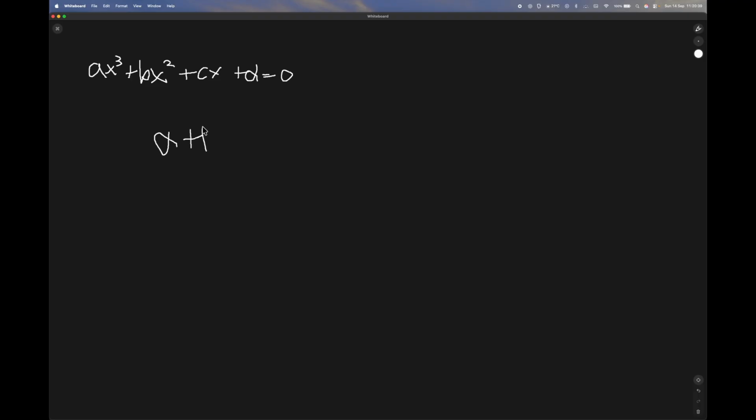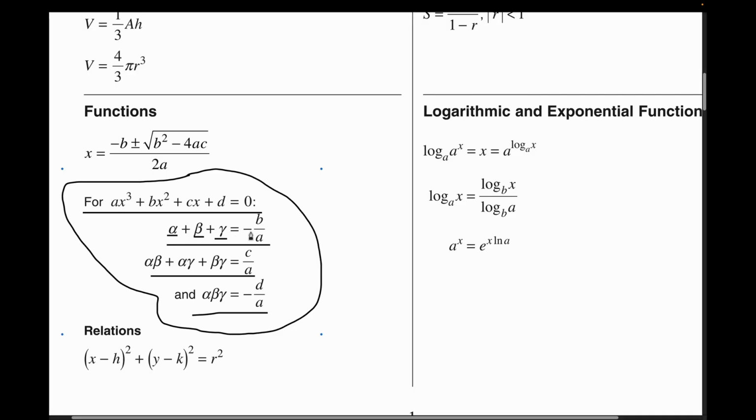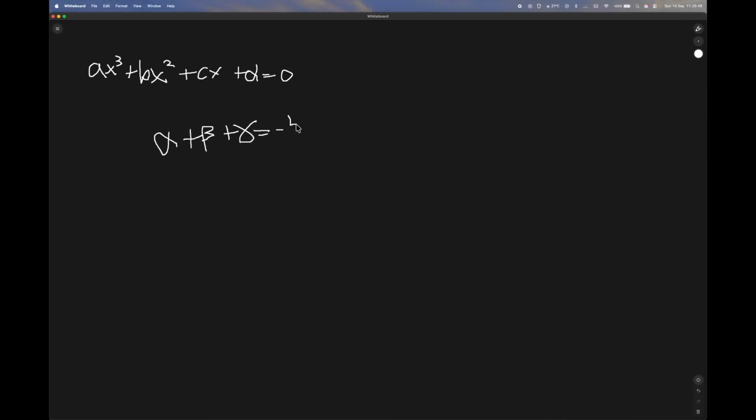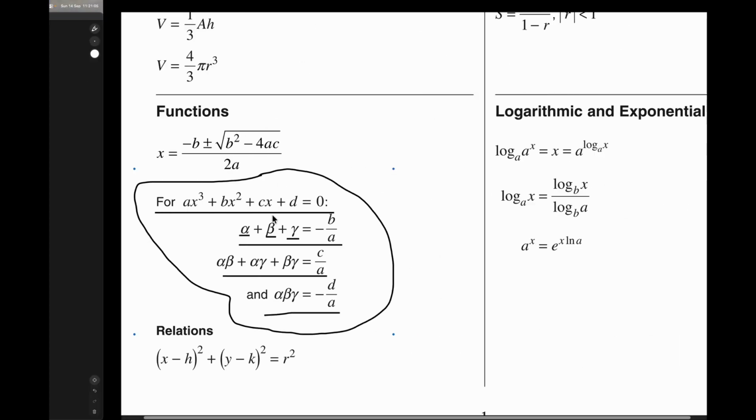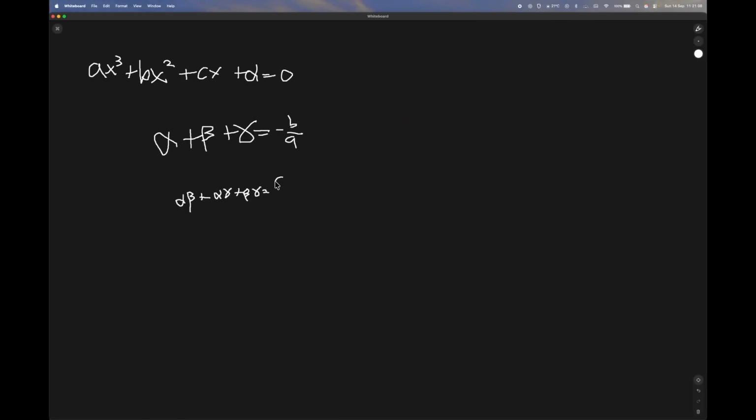Alpha plus beta plus gamma is equal to negative b on a, alpha beta plus alpha gamma plus beta gamma is equal to c on a, and alpha beta gamma is equal to negative d on a.